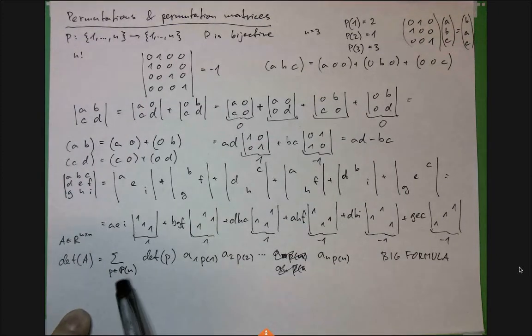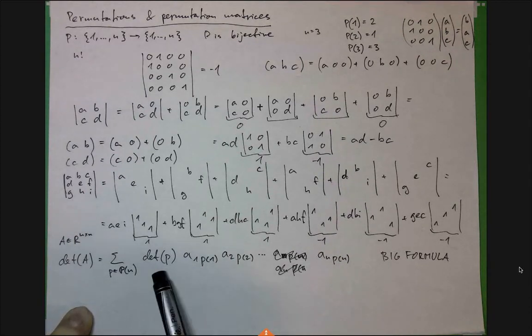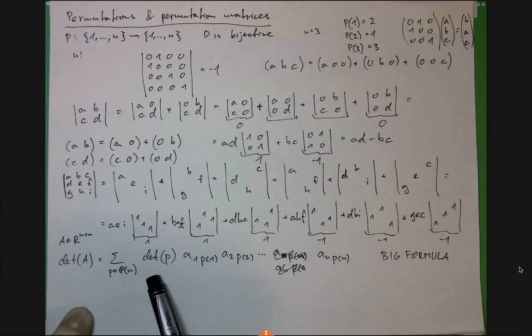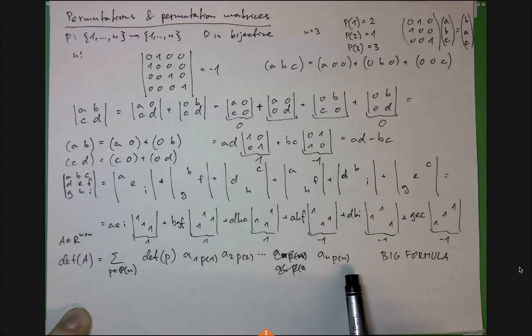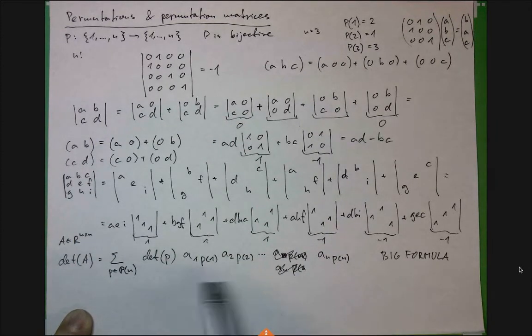It goes over all permutations, so it has n factorial terms. For each permutation, I take its determinant, which is either plus or minus 1, depending on whether it is an odd or even permutation. And then I take the elements of the matrix corresponding to the permutation. So for every row, I look where the permutation sends the row index, and that's the corresponding column.